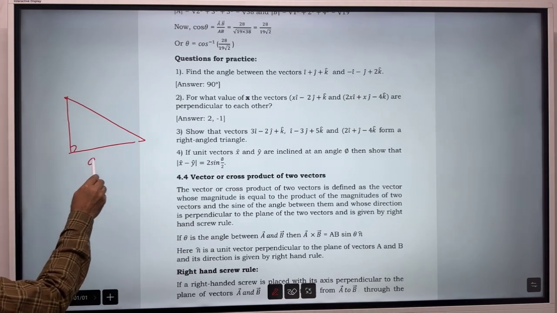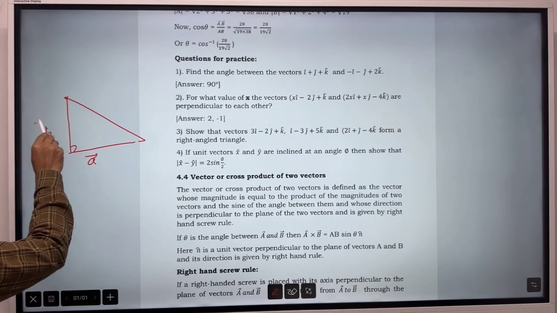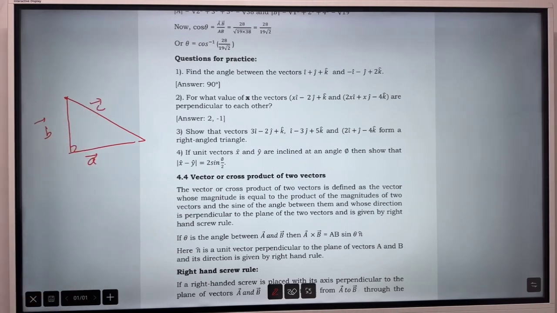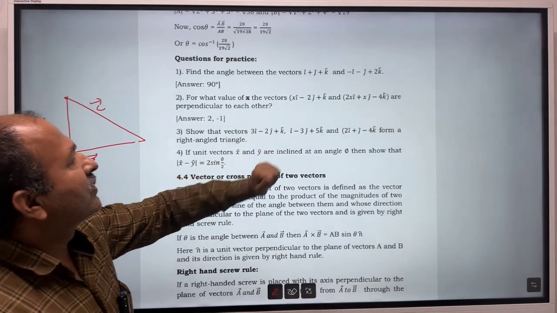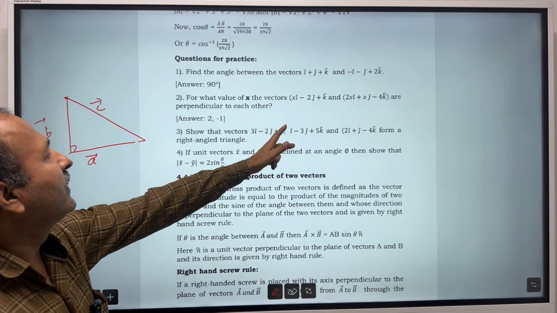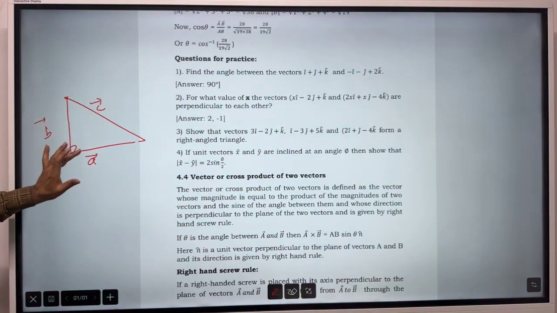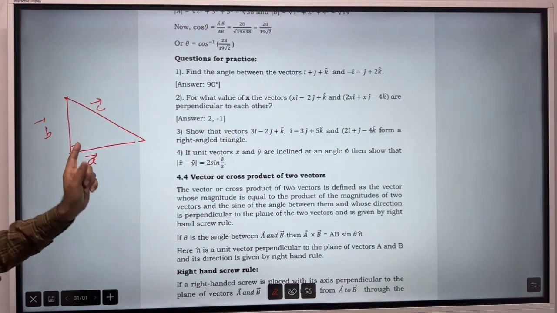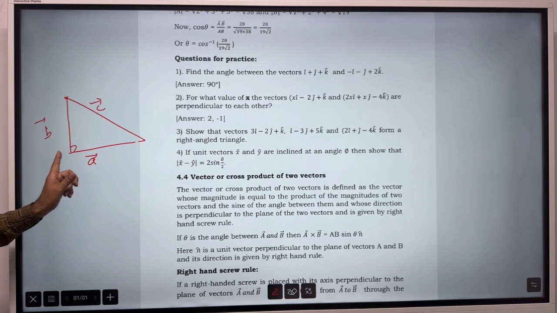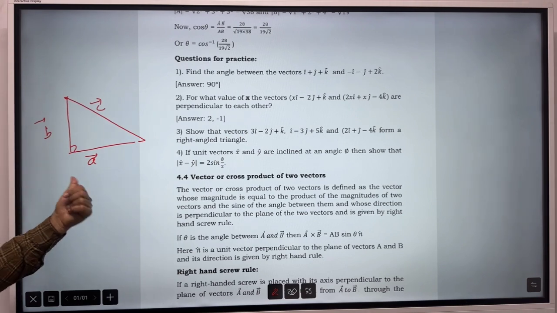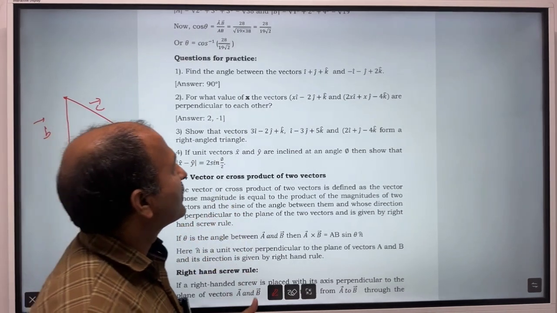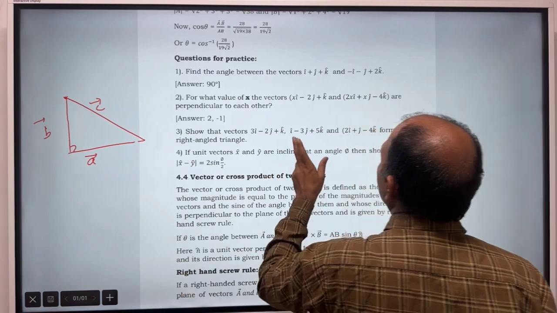So suppose this is vector A, this is vector B, this is vector C. Now what do we do? First we find the dot product of these two. If we are getting 0, it means these two sides will be represented by these two vectors and the angle enclosed between them must be 90 degrees. If we are not getting that, I am not doing that, I am just explaining your task.